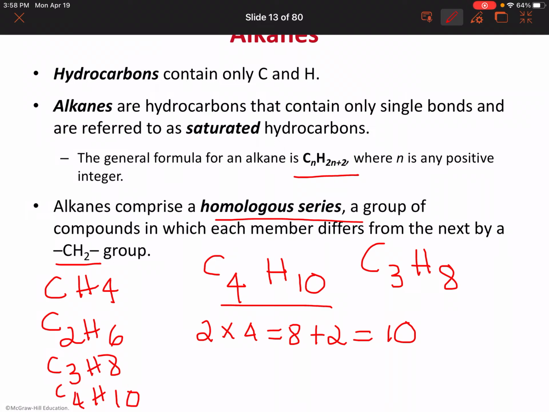So here each one differs by a CH2 unit. Between these two, the difference is 1 carbon and 2 hydrogens. So we say alkanes comprise a homologous series, a group of compounds where each member differs from the next one by a CH2 group.